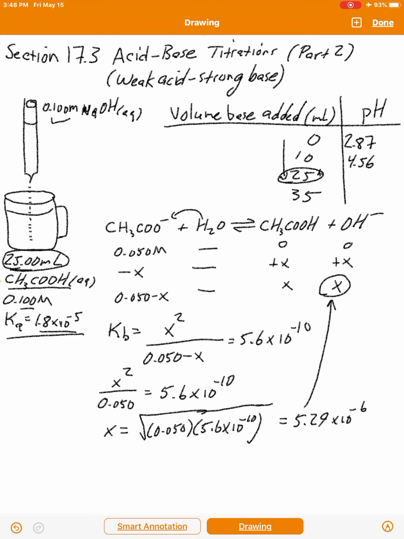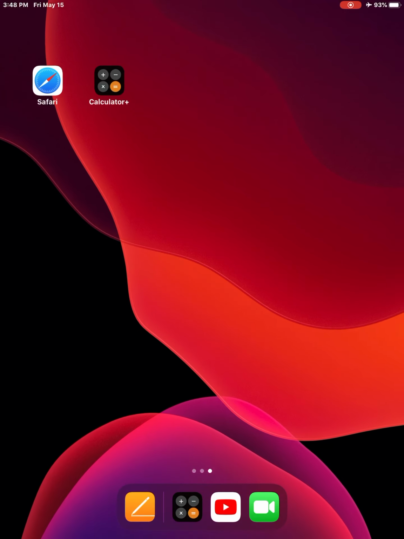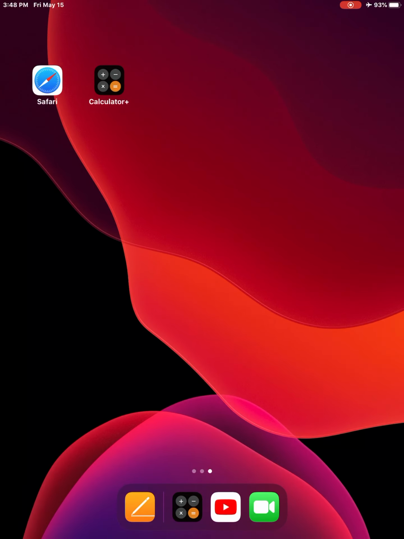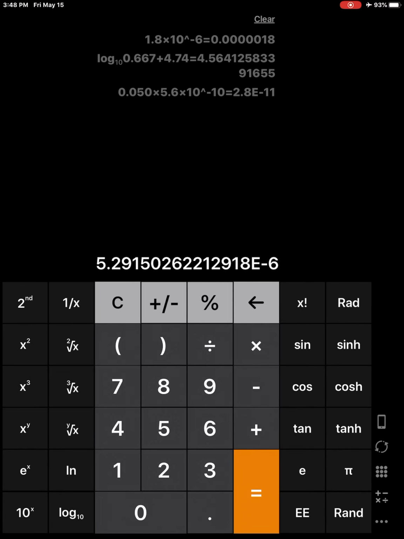That means that we can calculate the pOH as the negative log of 5.29 times 10 to the minus 6. Negative log, so that's 5.28.